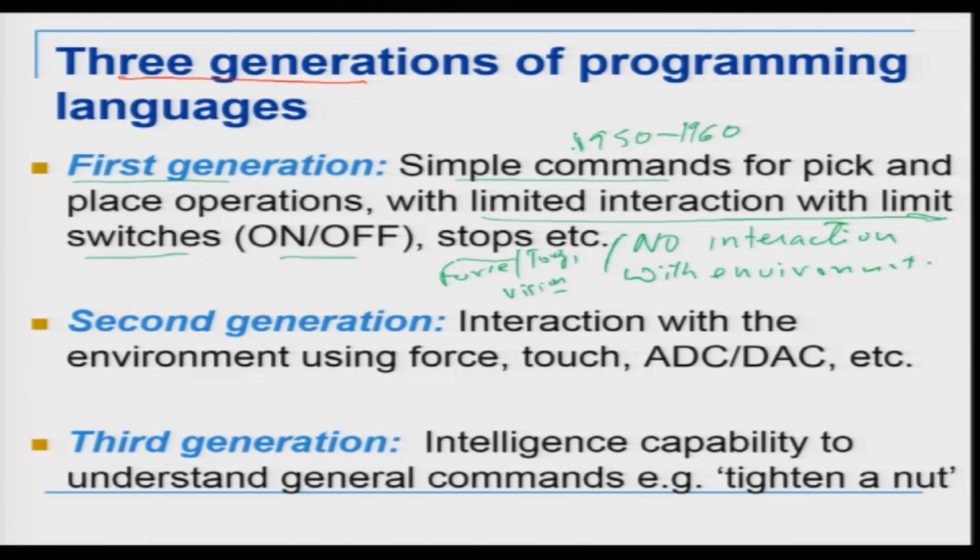So, this was about 1950s to about 1960s, and the early robots that were made were all run using the first generation languages. The second generation language is from about the late 1960s to the 1970s.